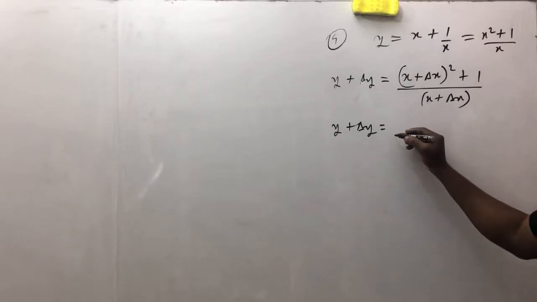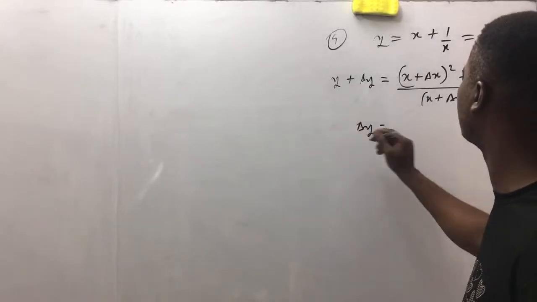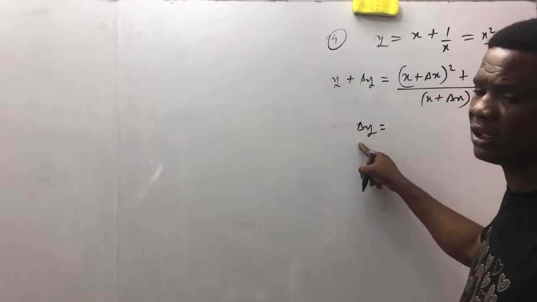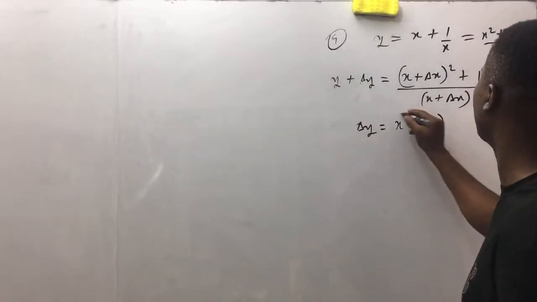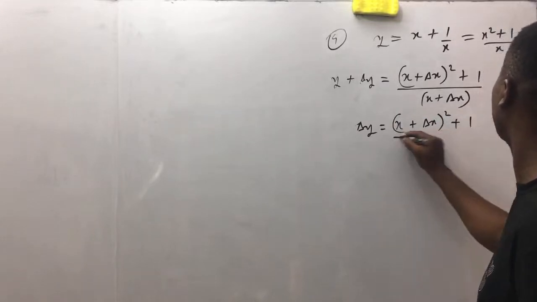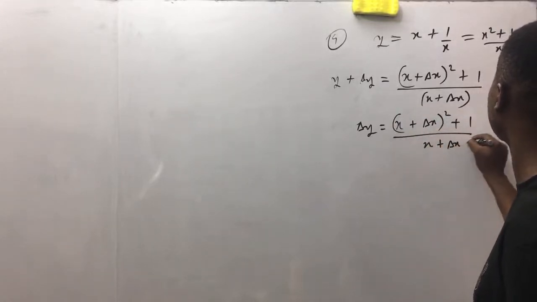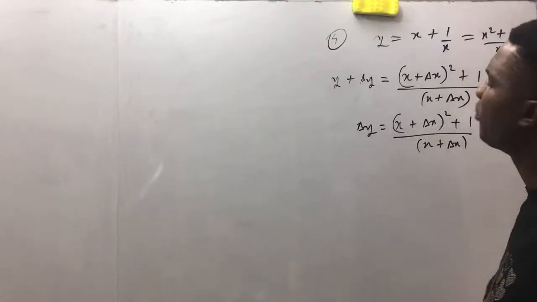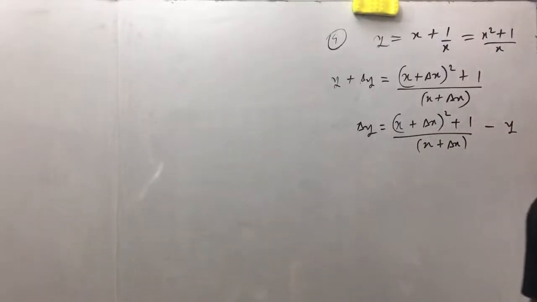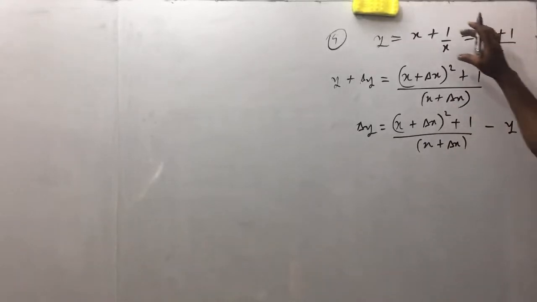Now, that means that we can go ahead to make change in y, the change in the dependent variable, the subject of formula, and that will be x plus change in x all squared plus 1 over x plus change in x minus y. But take note, you were told that y is equal to this when simplified.